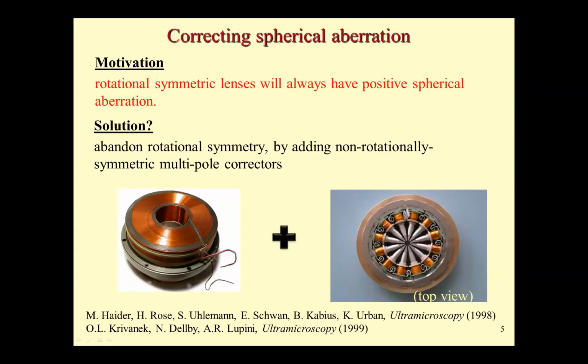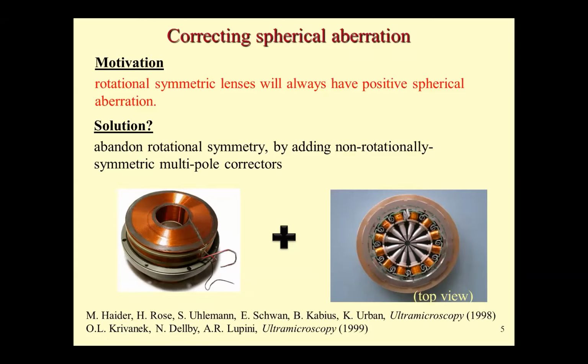This was done independently, both by a group in Germany, Haider, Rose, and Urban, that won the Wolf Prize for that, and also by Krivanek. And as we also heard, this year all these inventors got the Kavli Prize, because this is considered a very important discovery that enables the electron microscope to reach atomic scale resolution.